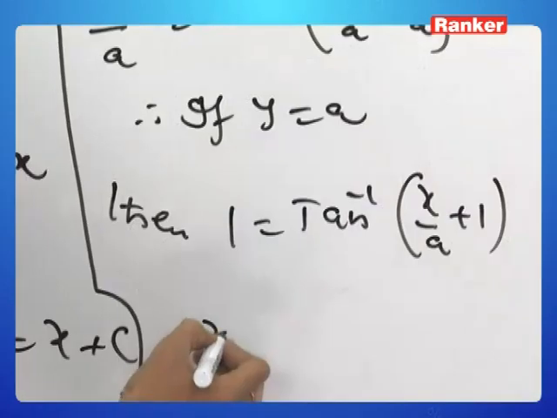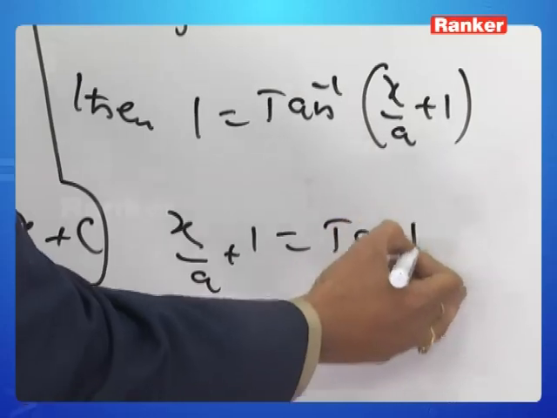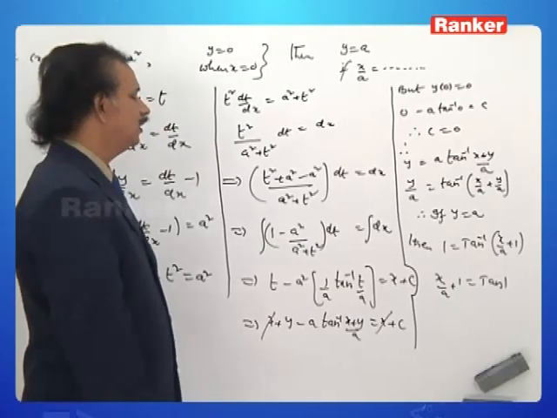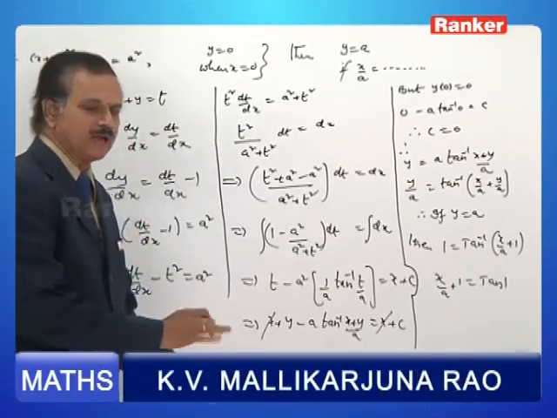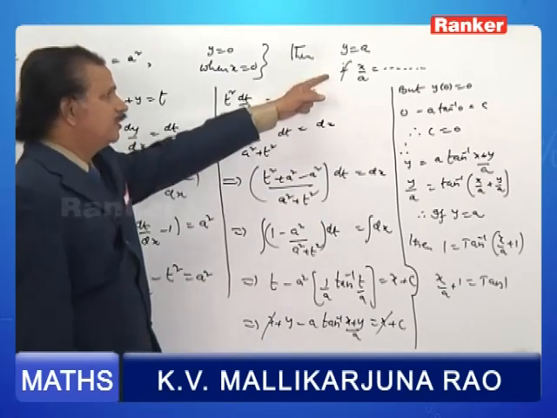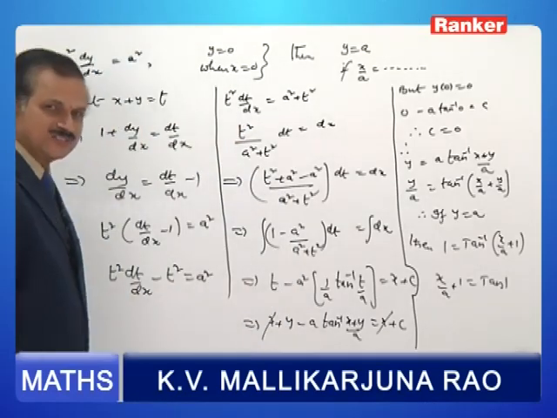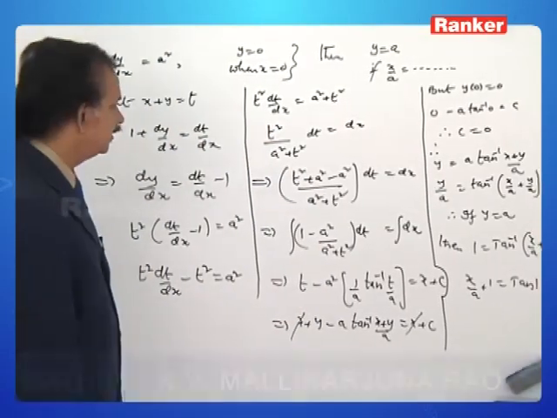Therefore x by a plus 1 is tan 1. Hence what is x by a? Tan 1 minus 1. That is required because we require to have x by a only, isn't it? So the required answer is tan 1 minus 1. That's beautiful.